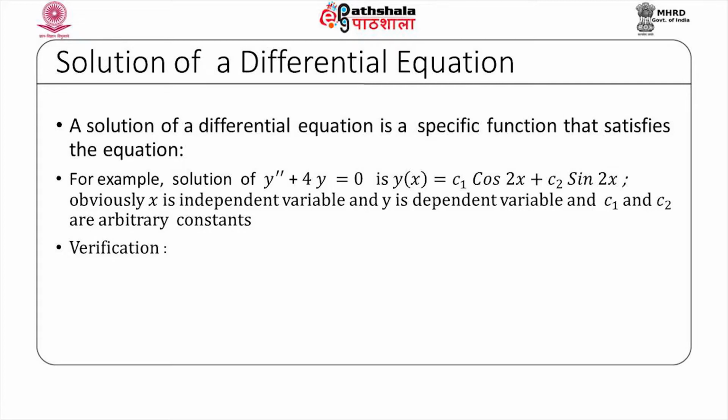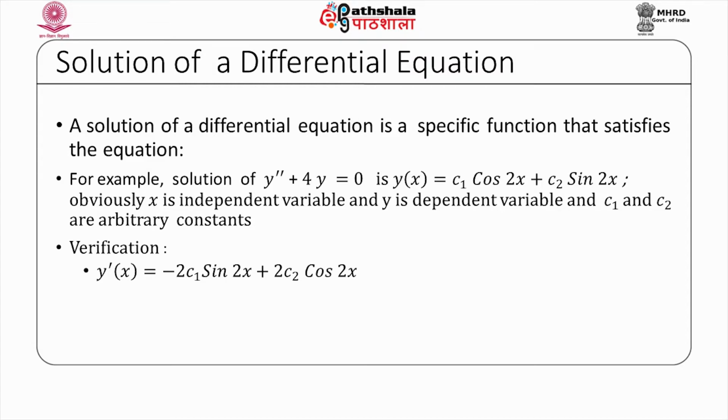So, the derivative of cos is minus sin 2x, and the derivative of 2x is 2. So, we get y dash(x) is minus 2 c1 sin 2x plus the second term, c2 into the derivative of sin, which is cos. So, cos 2x into the derivative of 2x, that is 2. So, first derivative dy by dx is given by minus 2 c1 sin 2x plus 2 c2 cos 2x.